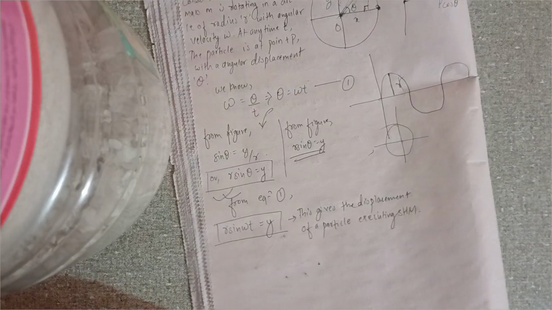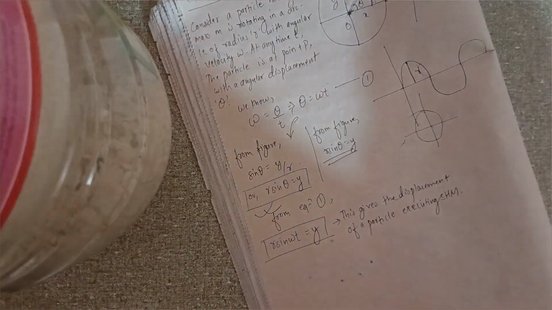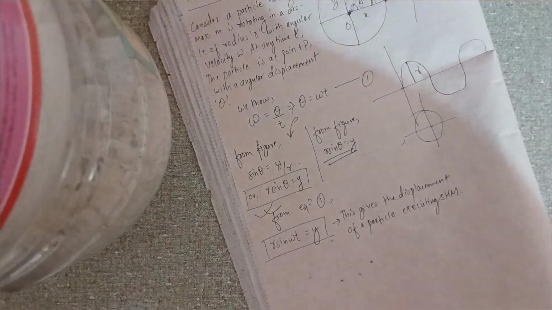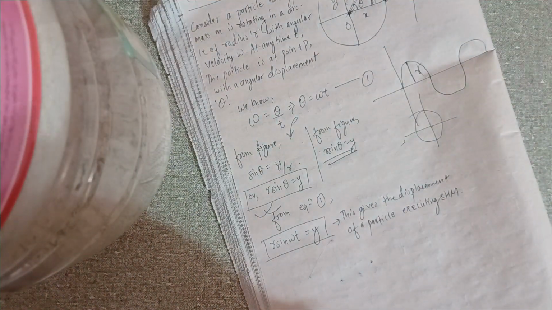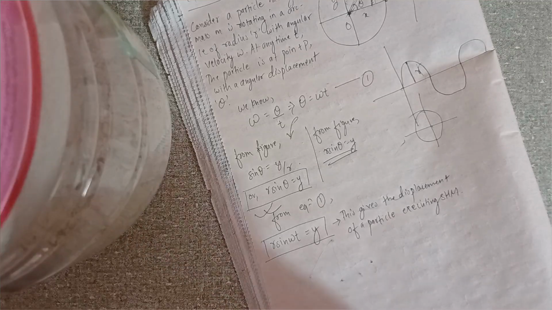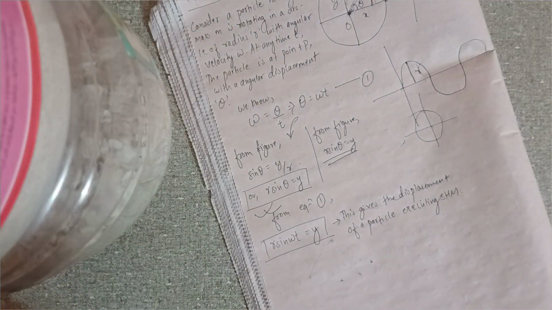Now we're moving to the velocity of a particle in SHM, then the acceleration of a particle in SHM, and we are also doing a sample question then. I don't think I have to do anything here.